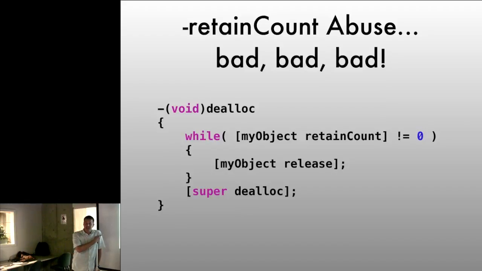What if this is part of a chain of objects? What if this is an object that's in 3 different sets, and one of those sets gets released? So it calls dealloc and starts trying to decrement the retain count. Also, dealloc normally isn't called until the retain count hits 0 anyway.